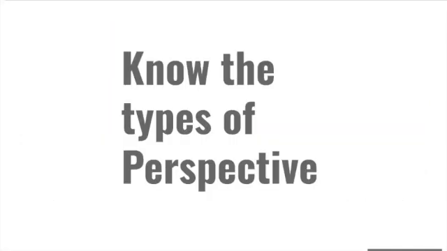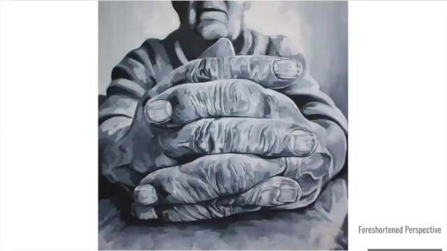We're going to know the different types of perspective by the time that we're done with this slideshow. First, this is an example of foreshortened perspective, a type of perspective where an artist uses scale and really pushes scale in order to create a sense of depth.